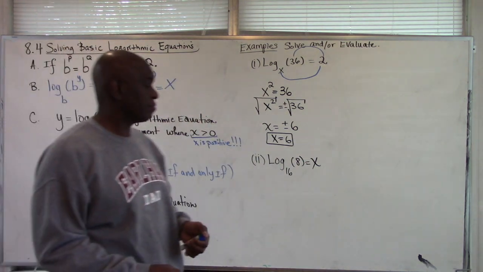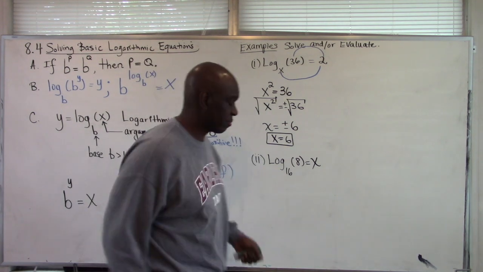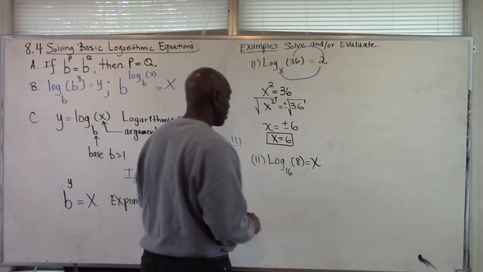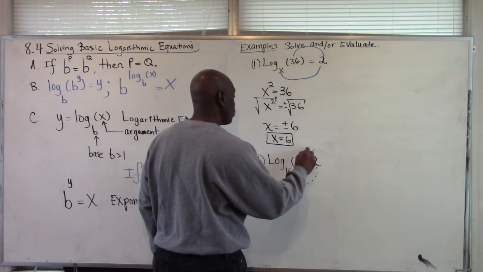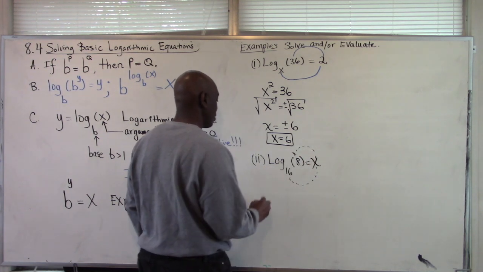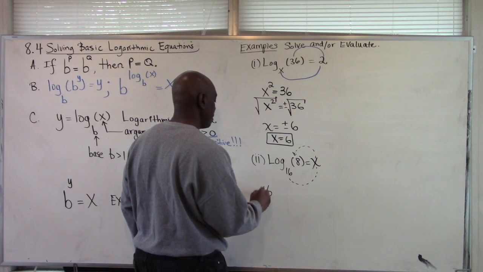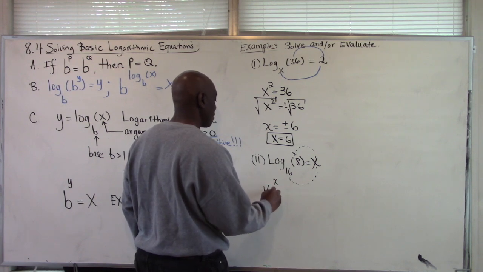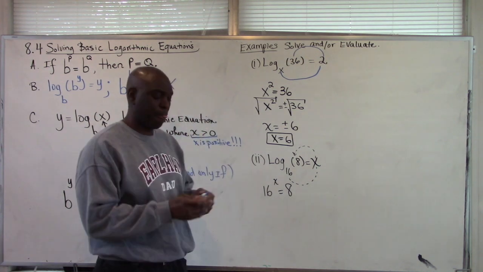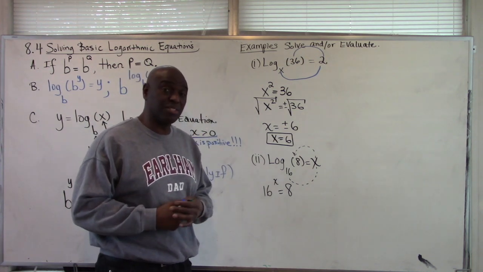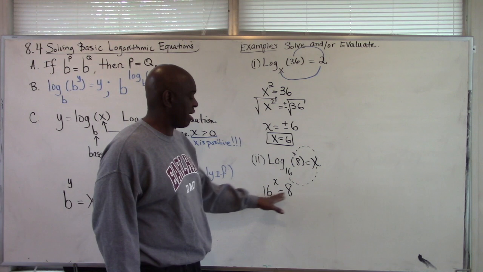Do it again. Wheels on the bus. If I do wheels on the bus, I'm going to go this way. So that's going to be 16 to the power of X equals 8. Please notice I have a 16 here, I have an 8 right there.